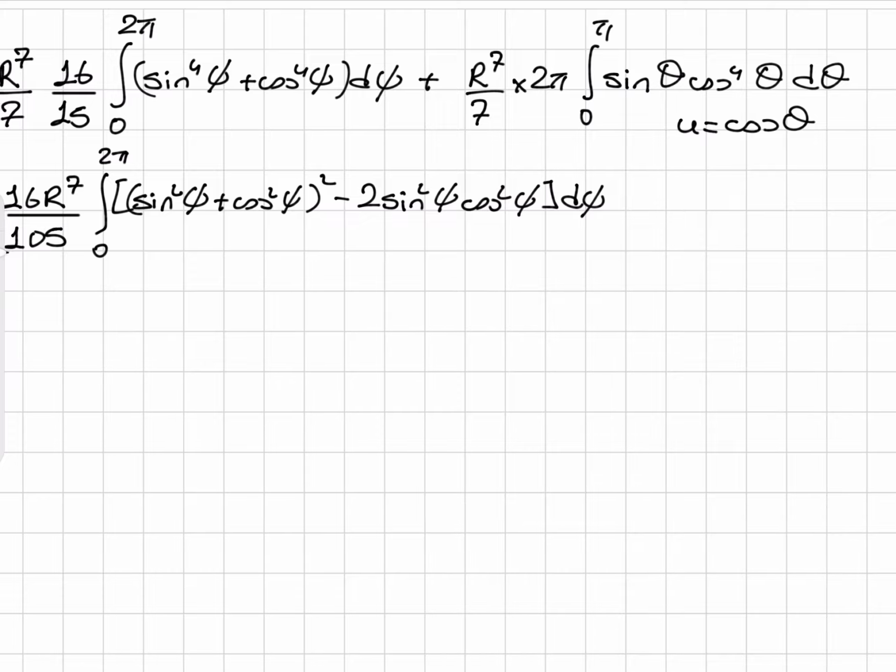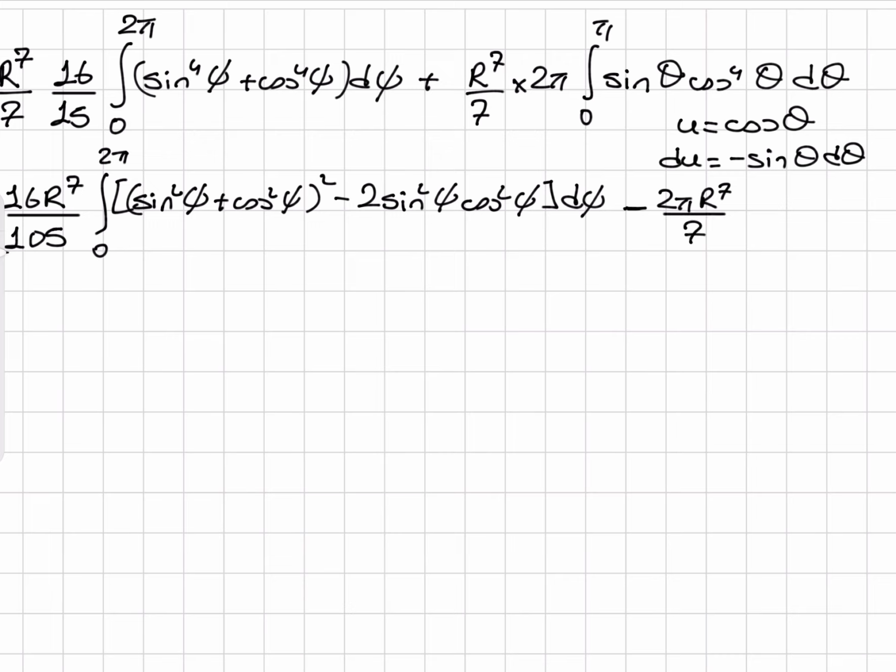And as for the second one, I have if u is equal to cosine theta, remember du is equal to minus sine theta d theta. So I will have a minus sign here. 2 pi capital R to 7 over 7.